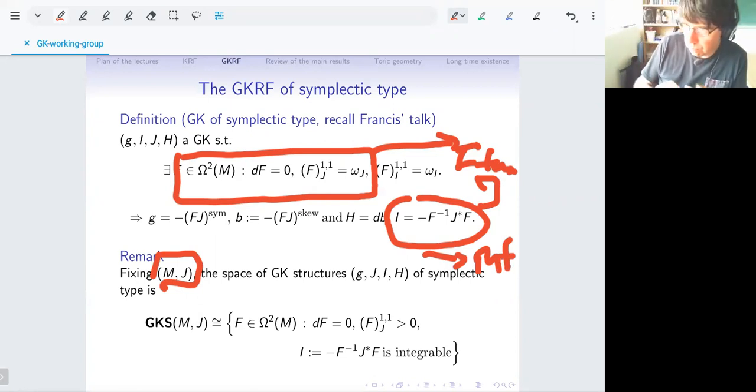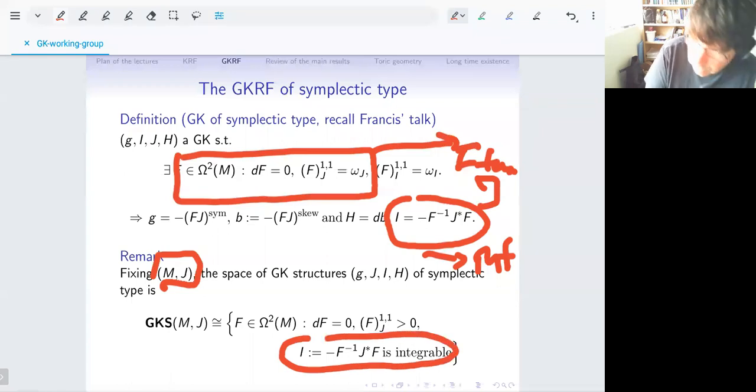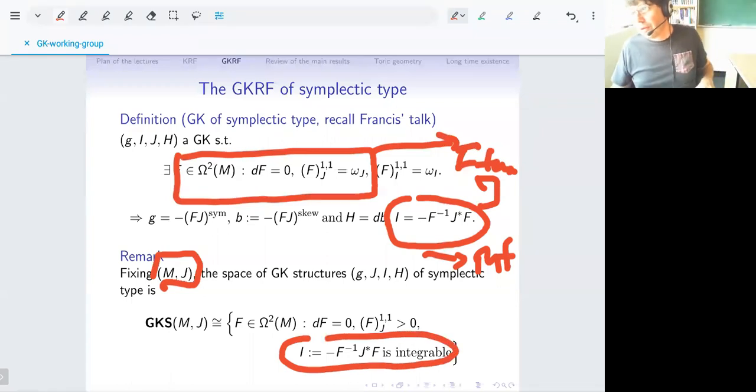So we will consider generalized Kähler structures of symplectic type as just given by closed two-forms which tame J, and such that this second integrability condition is satisfied. This is all good and nice, but you probably immediately observe that there is no reasonable structure on this space. When we do PDE, you want at least to have Fréchet spaces.